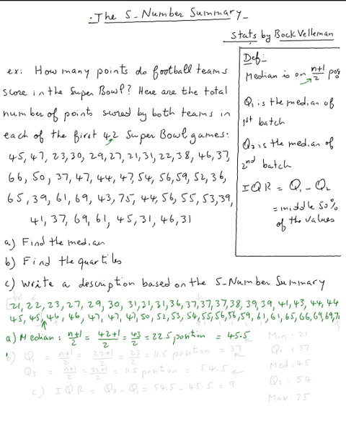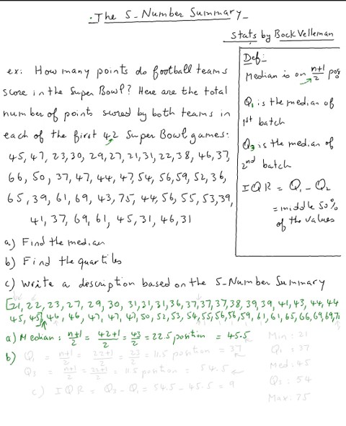For B, find the quartiles, meaning Q1 and Q3. By the way, this is Q3 and that's Q1. Q2 is actually just the median. So basically we need to find the median of these numbers from here to here.